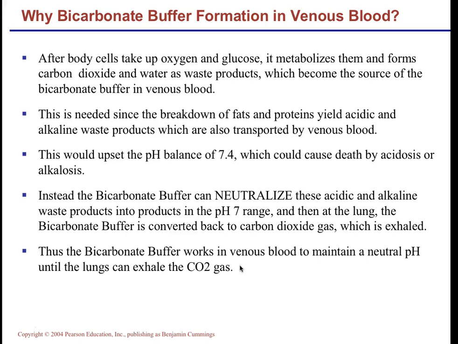And then at the lung, everything is going to go in reverse. Those weak acids and bases of the bicarbonate buffer system go back into the red blood cell, which will then convert them back into carbon dioxide gas and water. Then you will exhale them and essentially remove them from the body by expelling them, by exhaling.